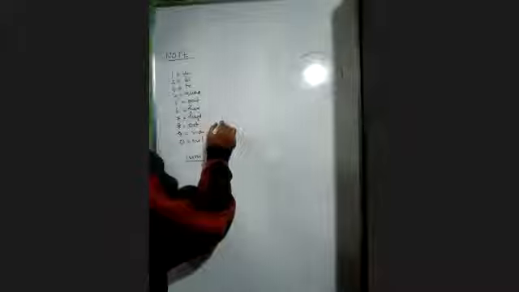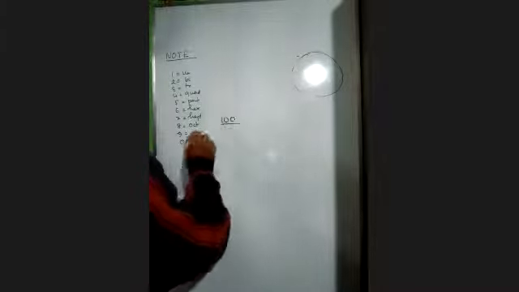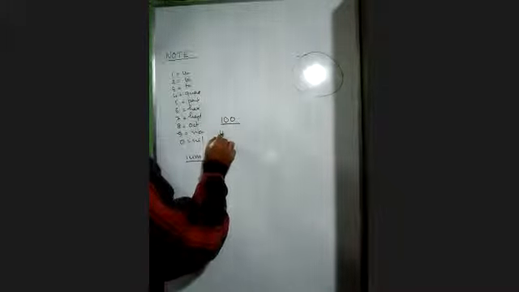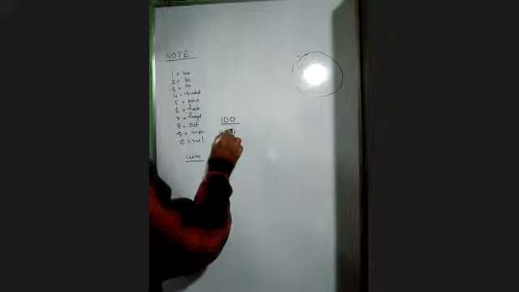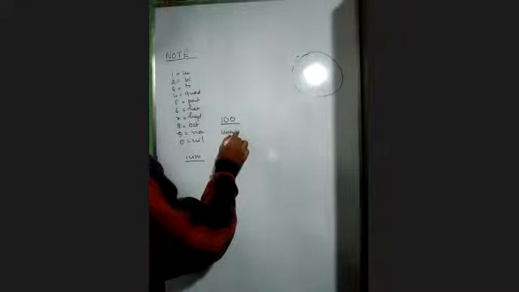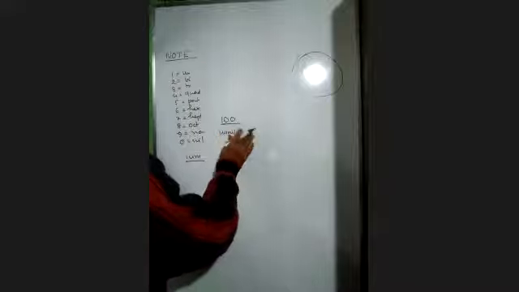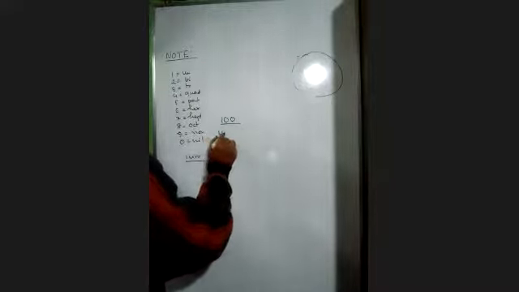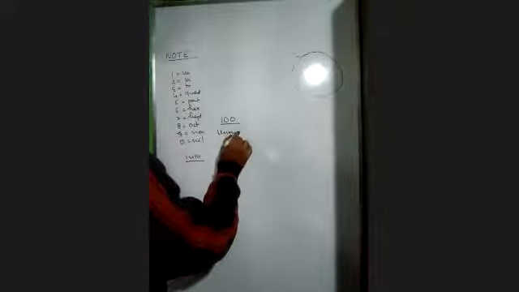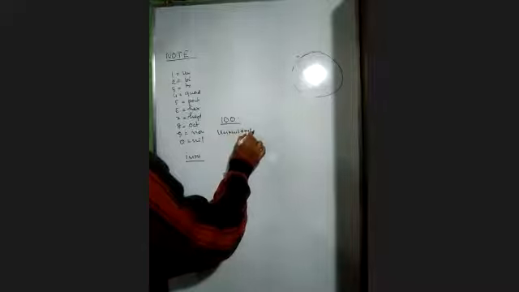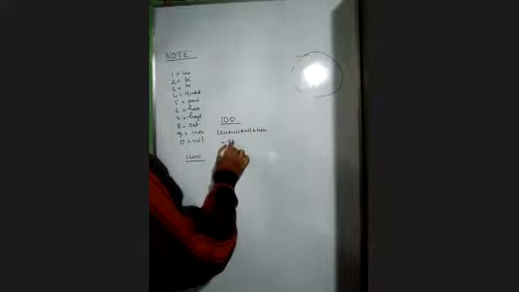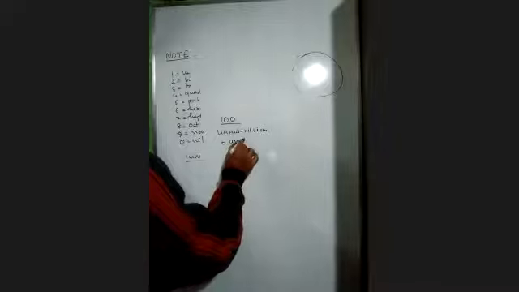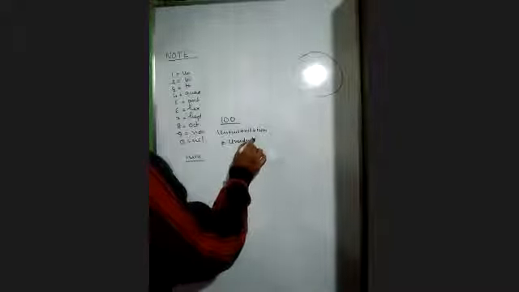Suppose the atomic number is 100. For 1 we write un, for 0 we write nil, and again for 0 nil, plus ium. So what do we write? Unnilnilium.